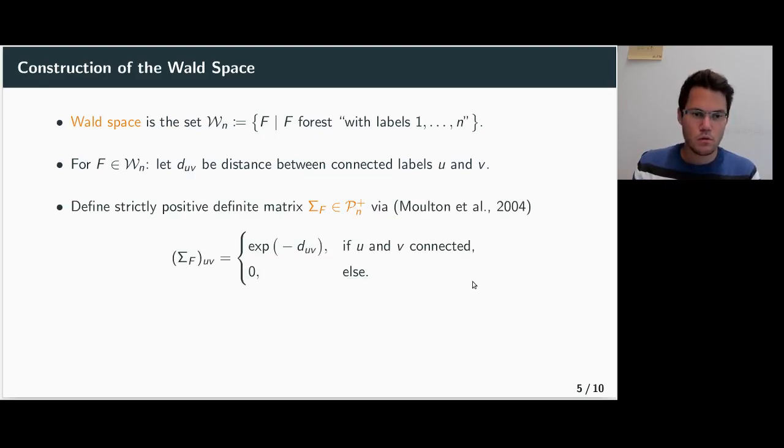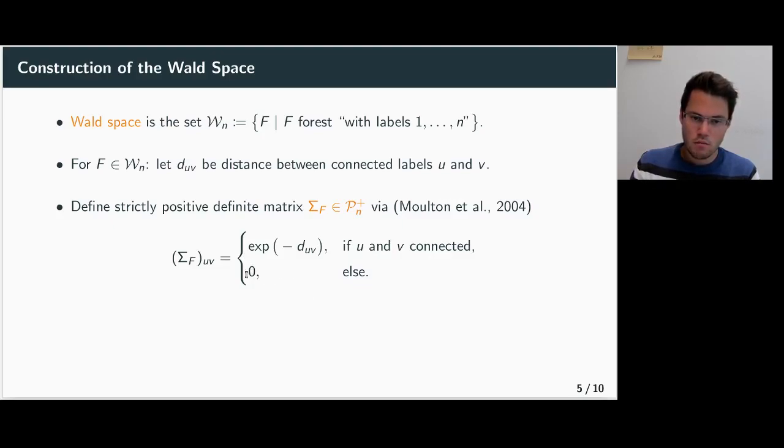And then what we do is we map each forest F to a strictly positive definite matrix Sigma_F via the following formula. The uv matrix entry is just e to the power of minus d_uv if u and v are connected, and 0 else. And you can think of this as some kind of correlation.